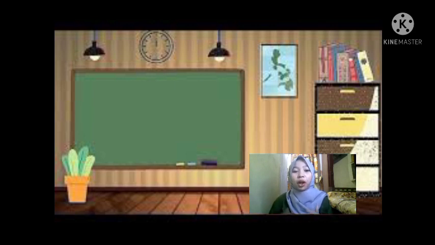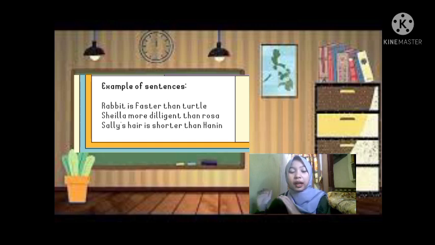For example, rabbit is faster than turtle. Please underline rabbit is faster. It is the word plus er, and adding than before turtle. So, rabbit is faster than turtle. Another example is Sheila is more diligent than Rosa.